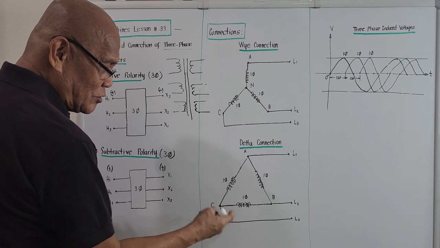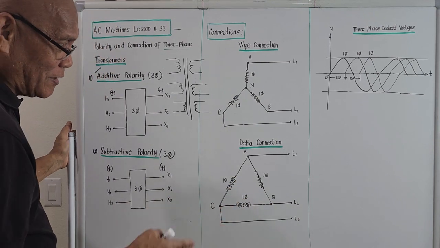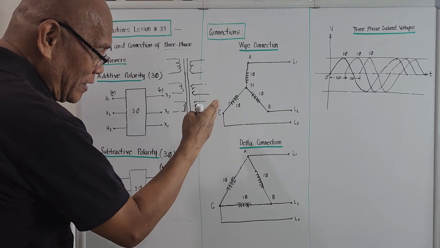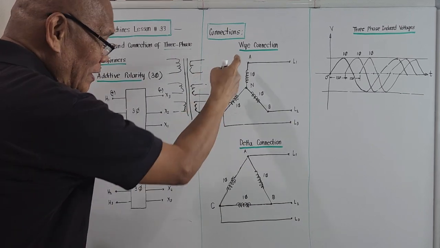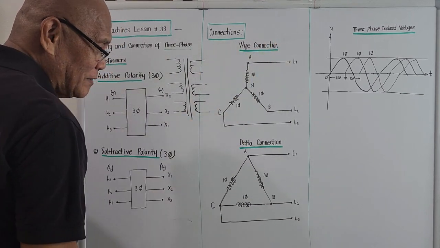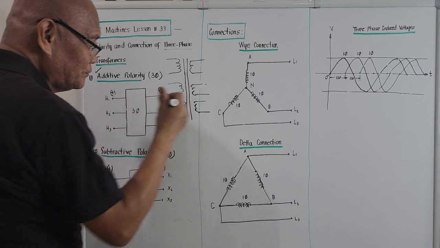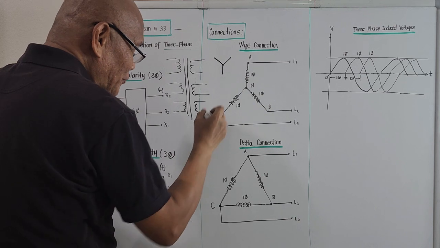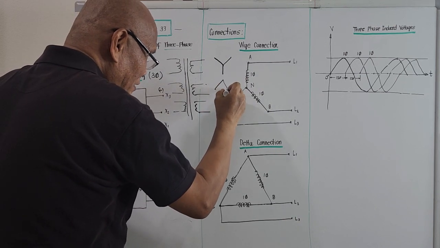So at least you now know the difference between a Y and a delta. A Y resembles the letter Y, that's why it's called a Y connection. And for a delta, it is something like this.